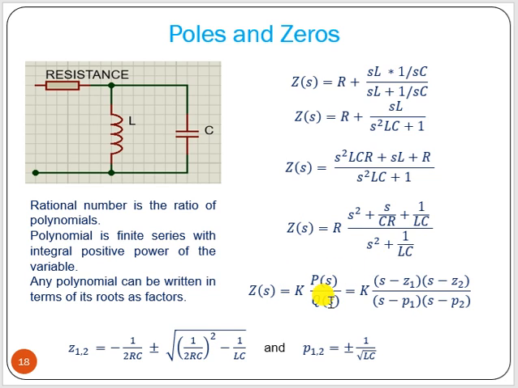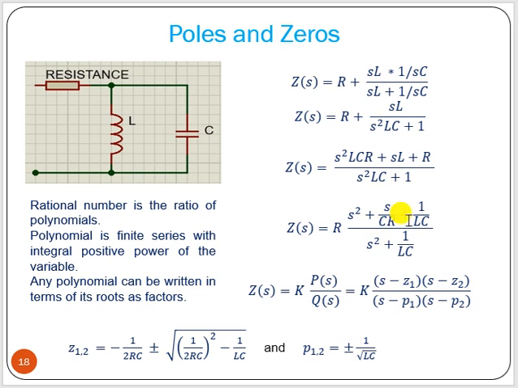Now this term P(s) is a polynomial. A polynomial can be written in terms of its roots as factors. Now this is s squared plus 4s plus 1, so we can factorize it as (s minus z1) into (s minus z2). Similarly for the denominator, (s minus p1)(s minus p2).